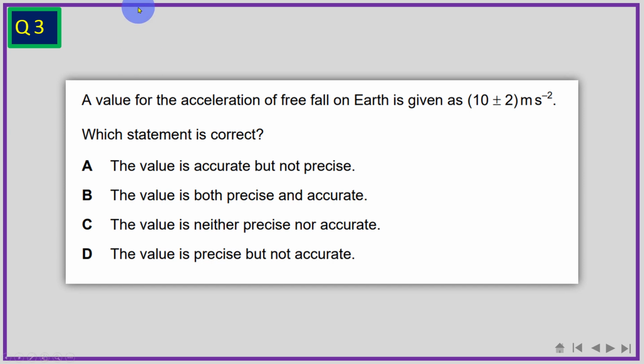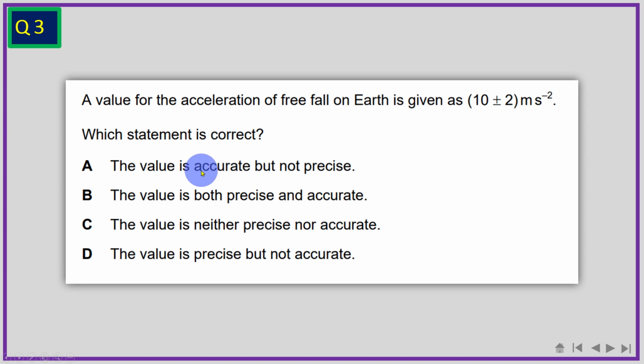In question 3, we are given that a value for the acceleration of free fall on Earth is given as 10 plus or minus 2 meters per second squared. Which statement is correct? So here we have to test each one of these statements. This value is accurate but not precise.